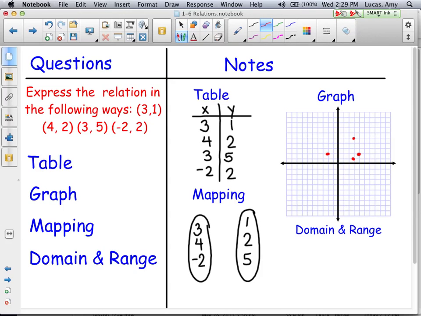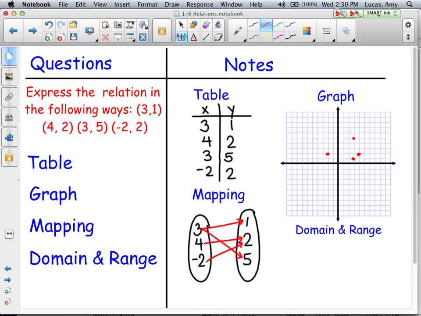So the first ordered pair was 3, 1, so the 3 maps to the 1. The second ordered pair was 4, 2. The third one was 3, 5. So I need to connect my 3 with an arrow to the 5. And my last one, -2, 2, I connect my -2 to the 2.